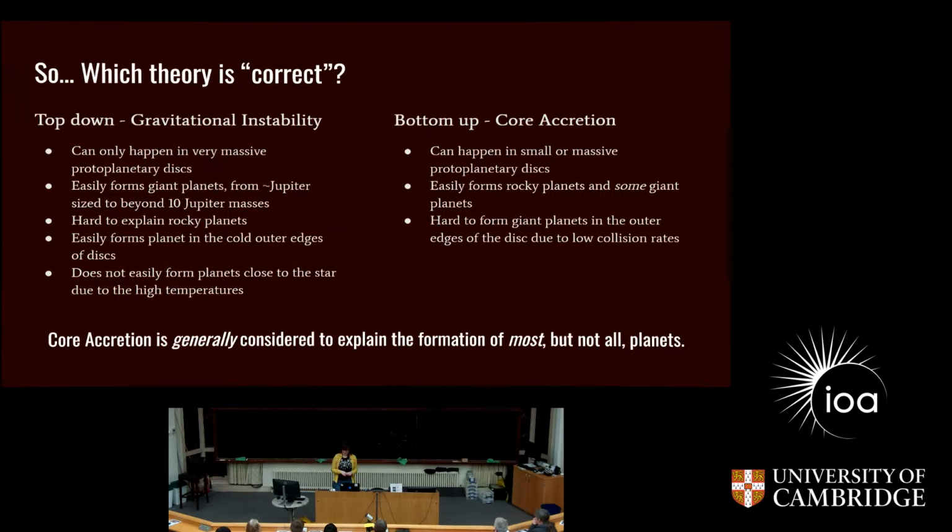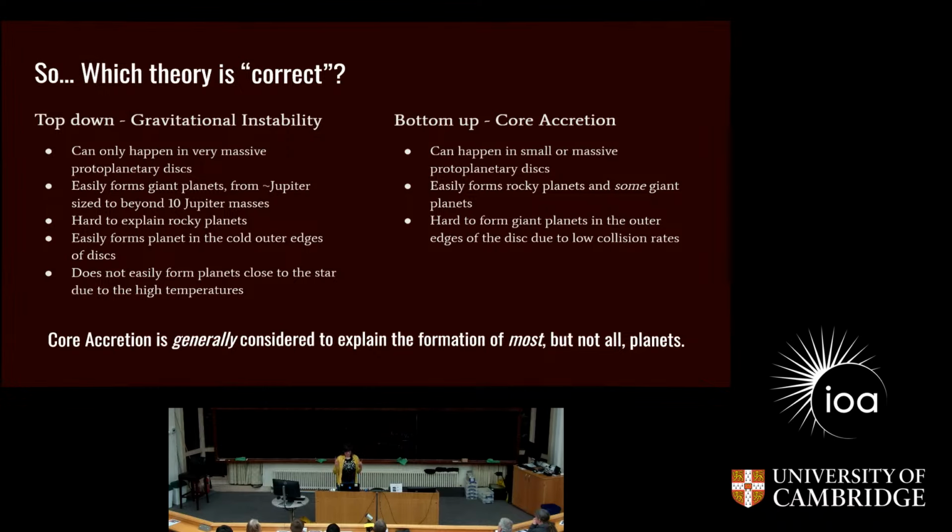You'll find a very small number of people who try to say that gravitational instability can explain all planets, but that's very left field. But this seems to be the general consensus, that core accretion is good for explaining most of the planets. There are a small number of outliers that are really hard to explain with core accretion that would very easily be explained with gravitational instability.